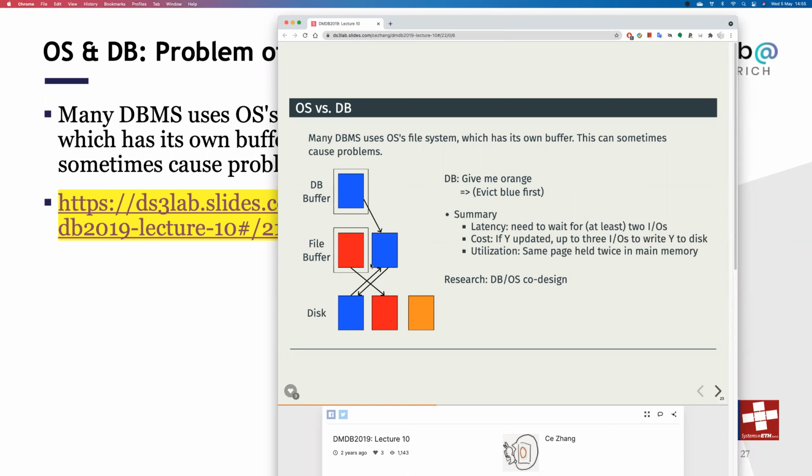How can we pass on information between these two systems such that it works better? Such that the database can still do optimizations because it knows more information. And on the other hand, how can we make sure these two buffers play nicely with each other? So that's a very interesting research work recently about the co-design of these two parts.